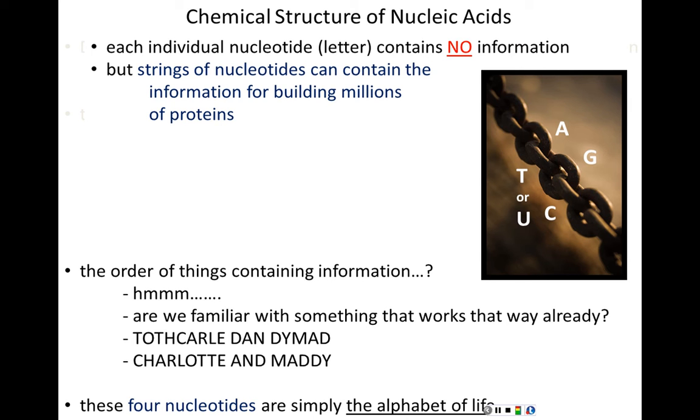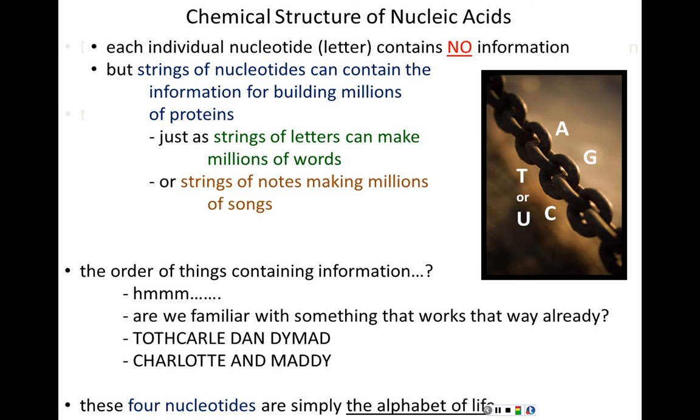And our millions of genes across all life forms on this planet contain the information for building millions of proteins. Just as strings of letters can make millions of words, and strings of notes can make millions of songs, strings of nucleotides make millions of proteins. It's all about the sequence.